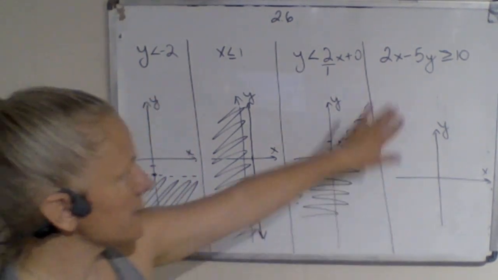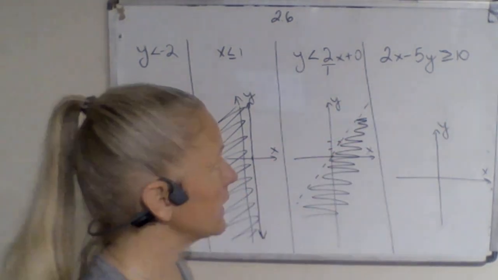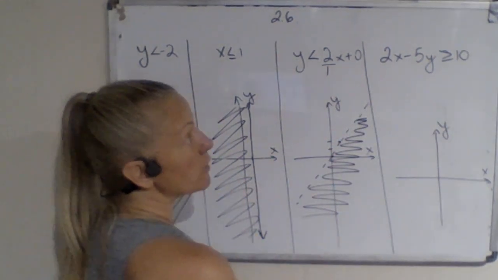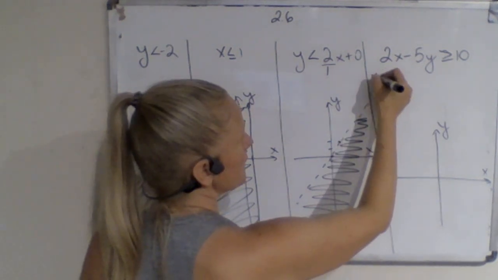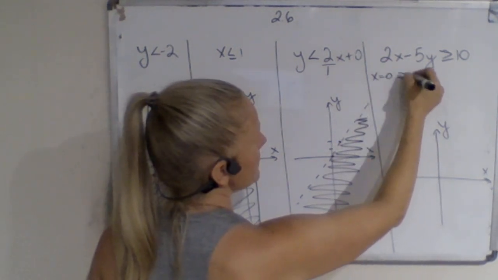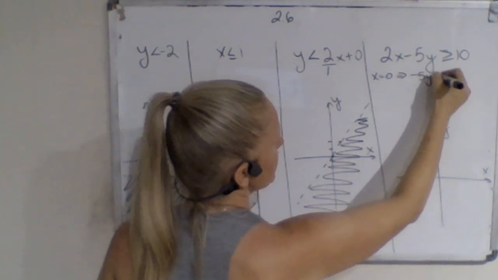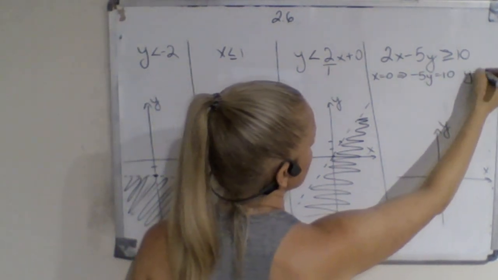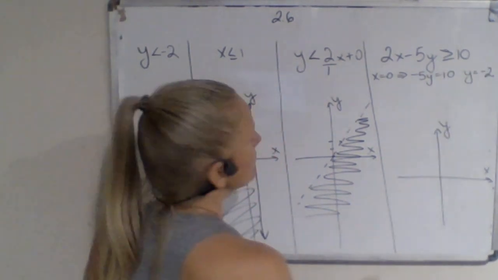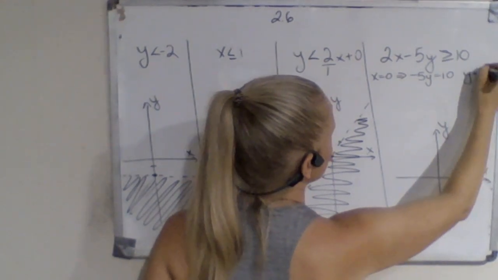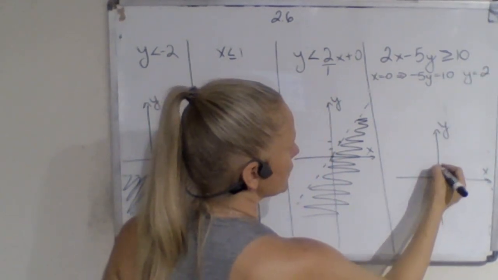Our last stop is here. This is a trickier one, so we work it differently. This is a standard form equation, so I can make x 0. That means -5y has to equal 10, so y will have to equal... oh, -2, sorry. So I have my first dot.